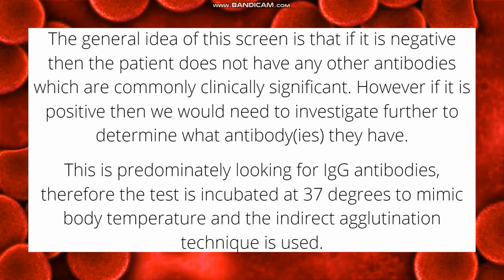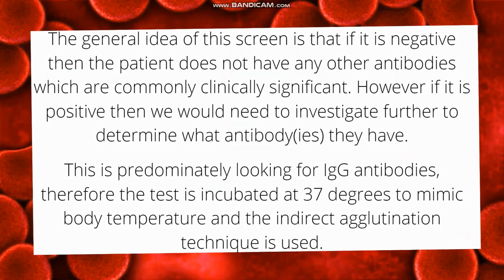Therefore, the test is incubated at 37 degrees to mimic the body temperature, and the indirect agglutination technique is used. Because we're looking for that different type of antibody, we're changing the technique. And that's why it's so important to understand what we're actually looking for in terms of the type of antibodies present and how that impacts our testing, because then when our testing isn't normal, we understand what could be causing it.